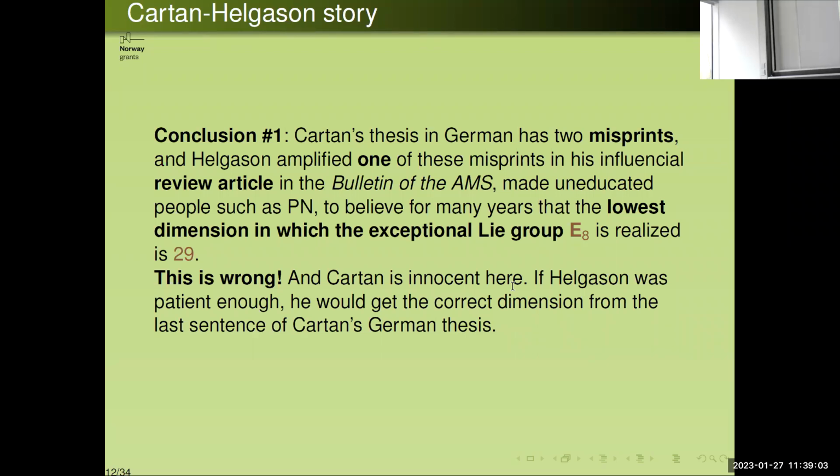You know, reading Cartan is a pain. First of all, my knowledge of German is 0, and my knowledge of French is so-so. But even if I knew both of these languages perfectly, reading Cartan is difficult. But one can read his theorems.